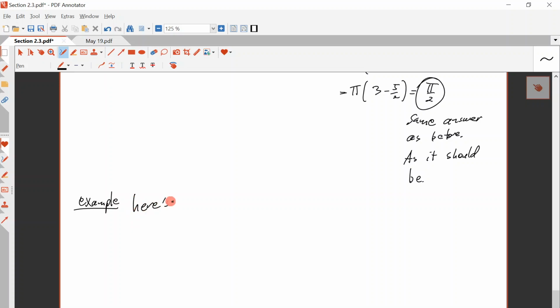So here's an example that can't easily use slicing.